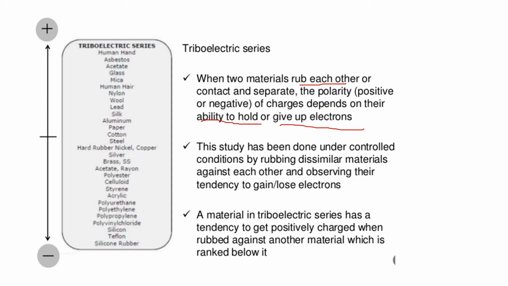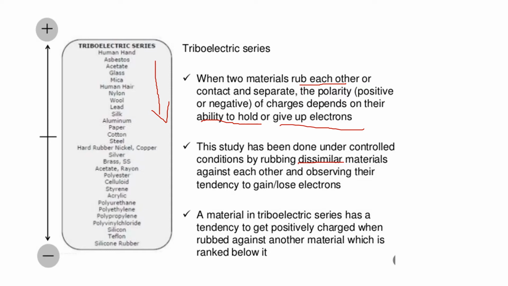So here in this chart, the static electricity gets decreased according to this chart. This study has been done under controlled conditions by rubbing dissimilar materials against each other and observing their tendency to either gain or lose electrons.